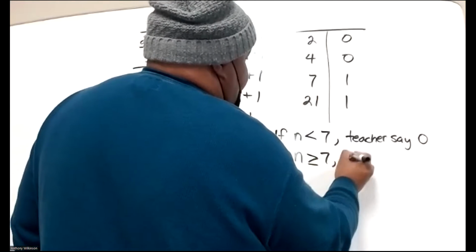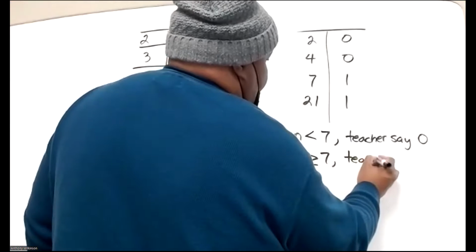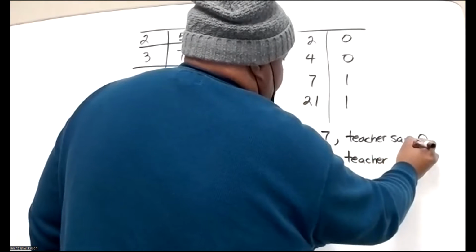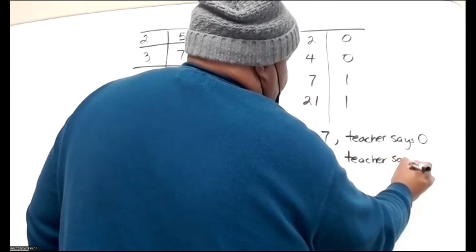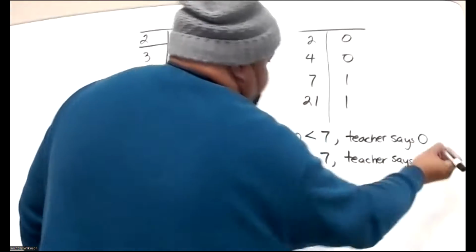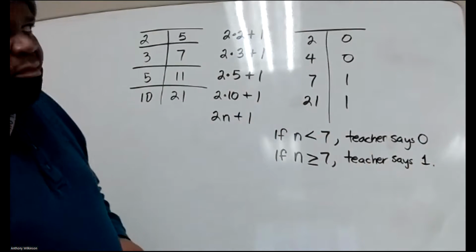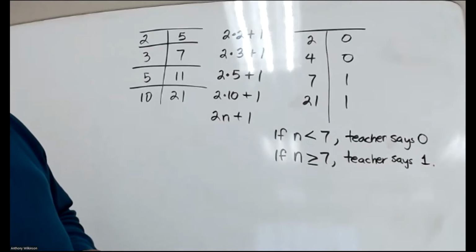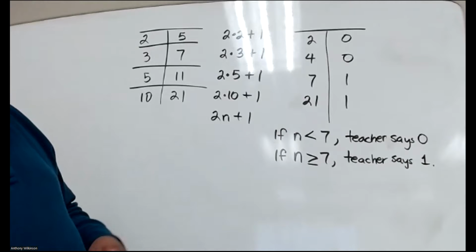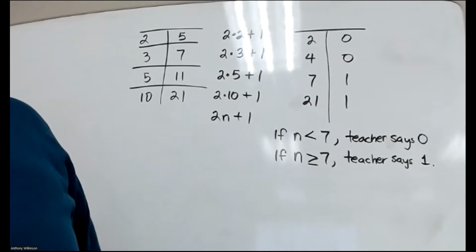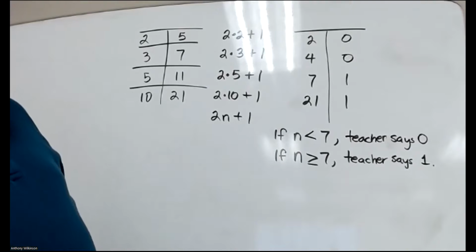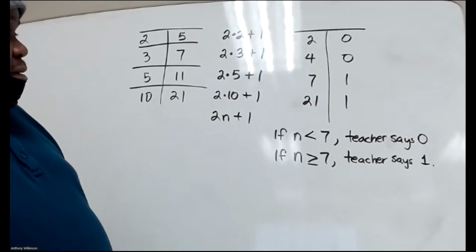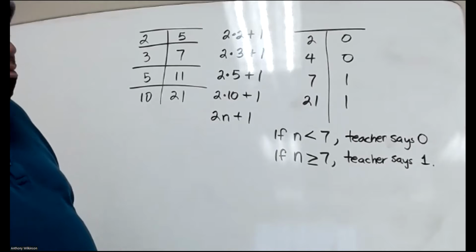Greater than or equal to 7, it would say 1. Really, a concrete function rule for that pretty much could be something like this, but those answers could be anything.